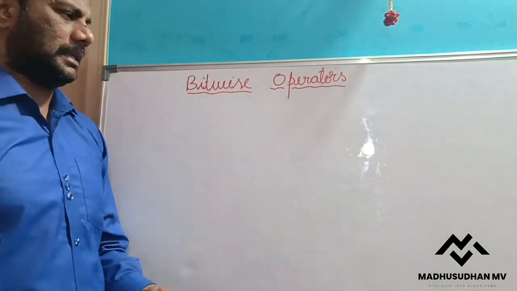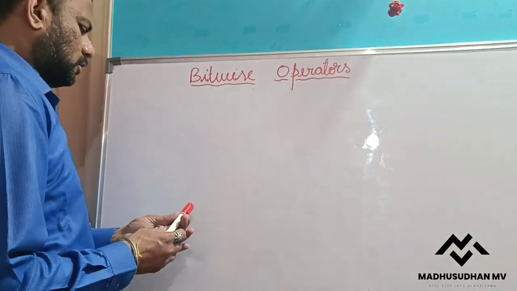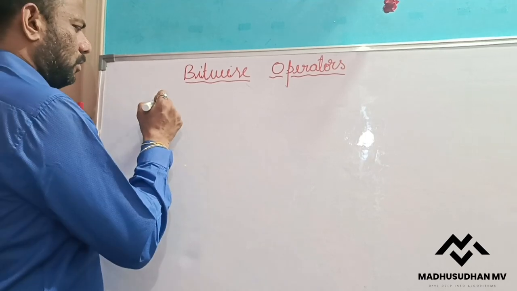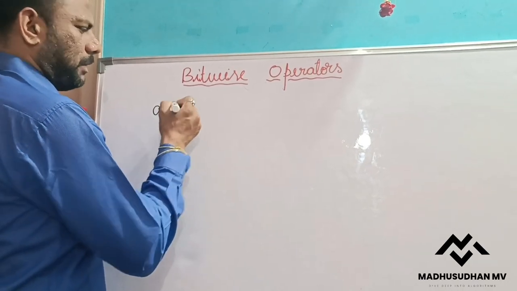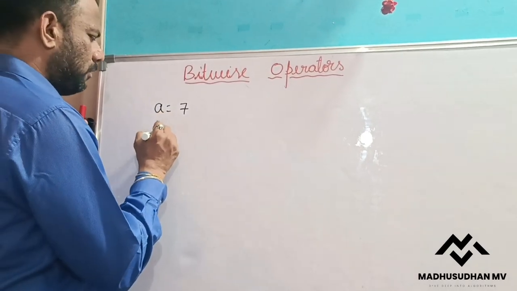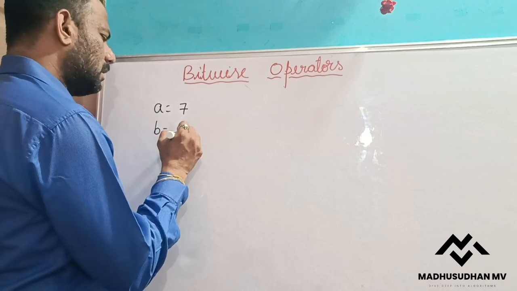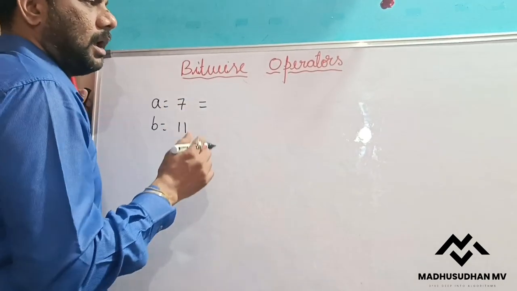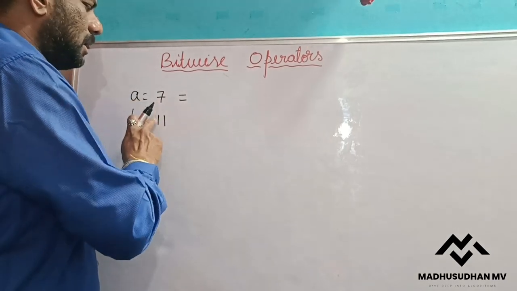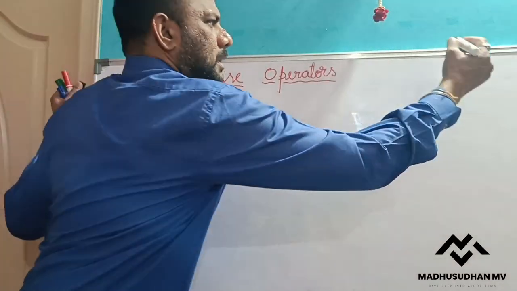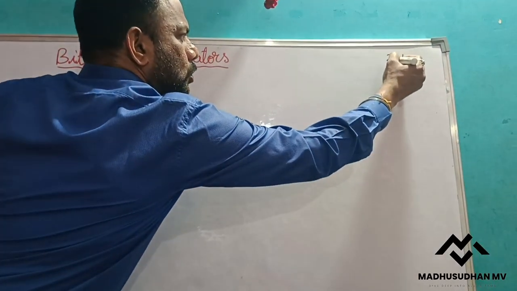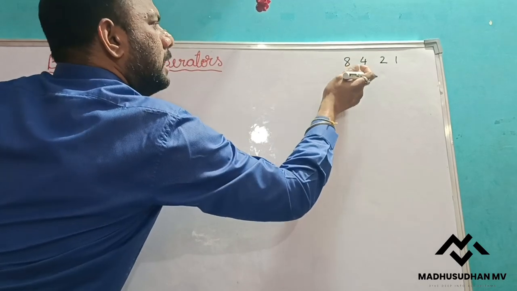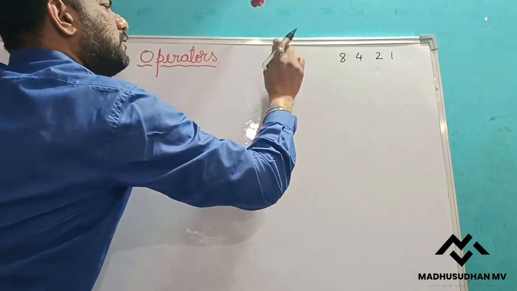Okay, let us take some examples. Let us take A value, say 7, and B value, let us take 11. How to write 7 in binary? How to convert this decimal number into binary? You remember this: 1, 2, 4, 8, next is 16, 32, 64 like that.